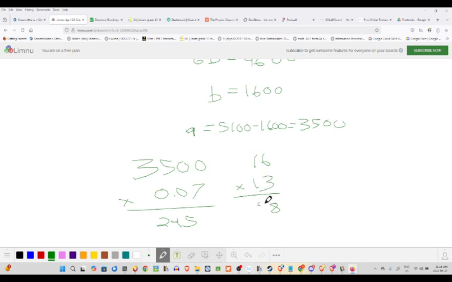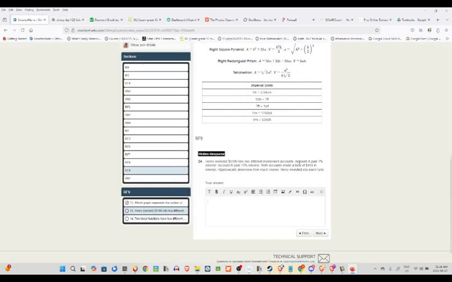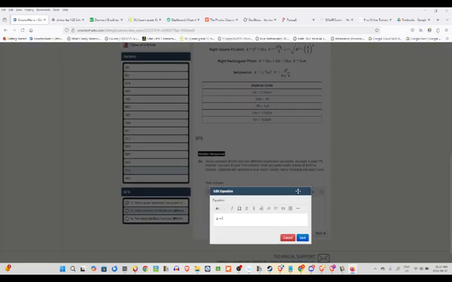That's 18, carry the 1, 16, oh, not 228, 208, or 108. I was carrying, yes, I was right the first time. Carrying the 1 there is appropriate. And 208 and 245 does make our 453. So, yes, the amount in A is 3,500 and the amount in B is 1,600.